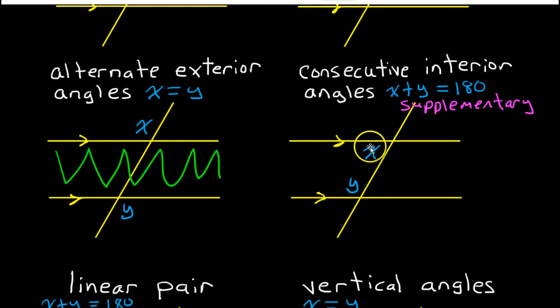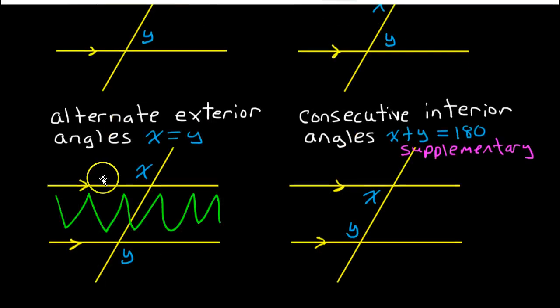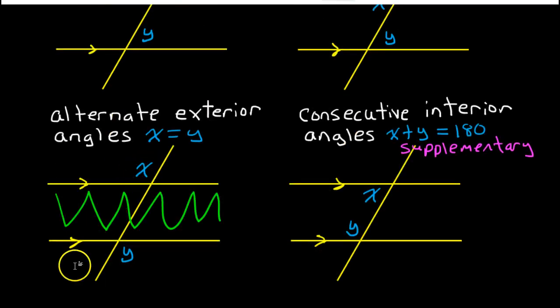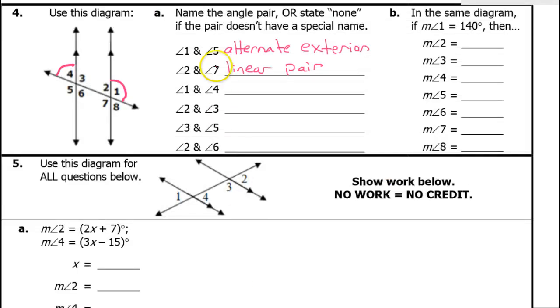If these are consecutive interior angles, I don't suppose we can call these consecutive exterior angles. I think we have to call them same side exterior angles. They're definitely exterior angles, but they're on the same side of the line. So I think we have to call them same side exterior.